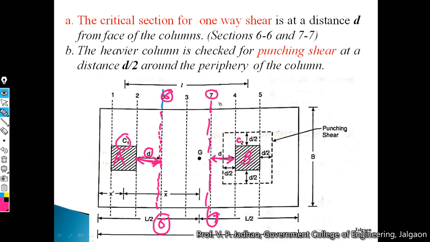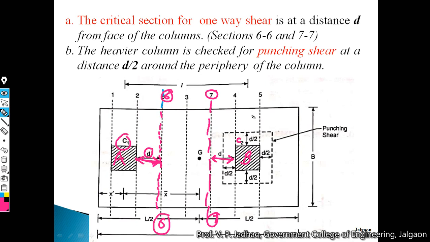Now we will be calculating the value of shear force at these two sections. For this particular problem, both columns have the same dimension, the same loading, and the footing is arranged in a symmetrical manner. Therefore the shear force at sections 7 and 6 will be the same.